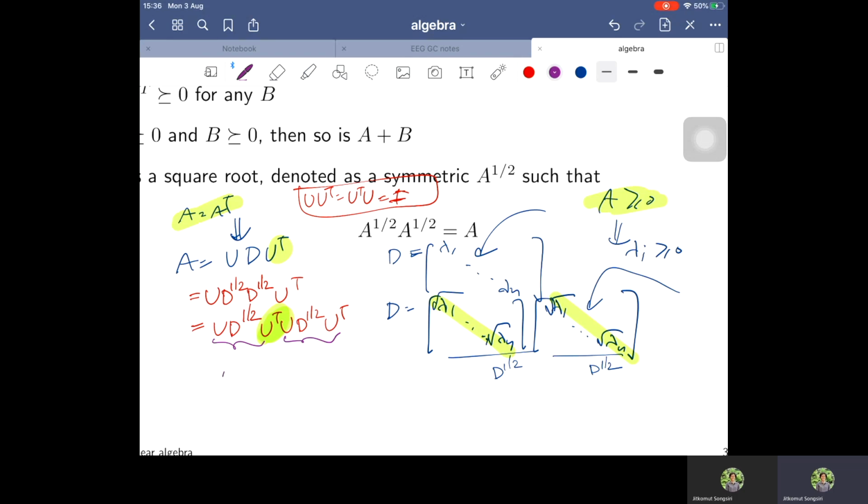So I can call these A^(1/2) and A^(1/2). And this gives me one way of defining a square root of A. I define the square root of A as U D^(1/2) U transpose, and then I get the square root of A.